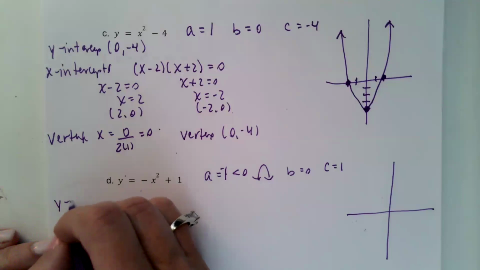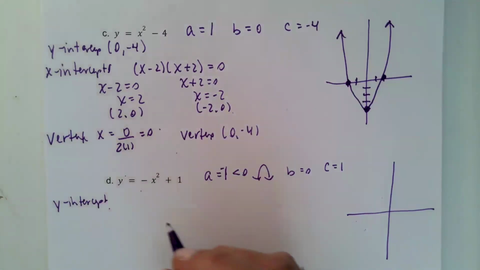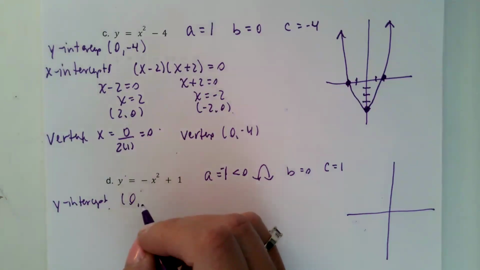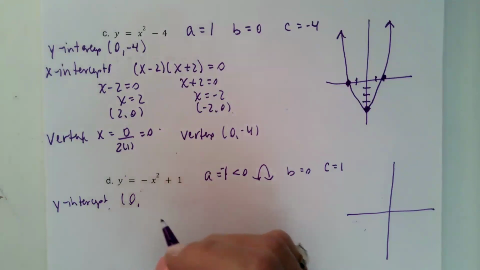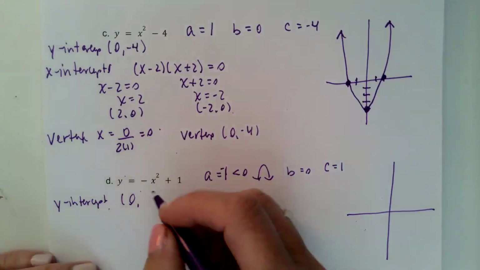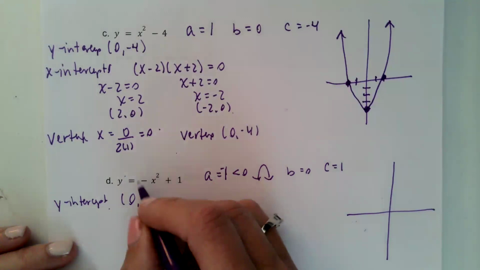So on the y-intercept, I'm going to put 0 in for x. And so if I put in 0 here, this is 0.